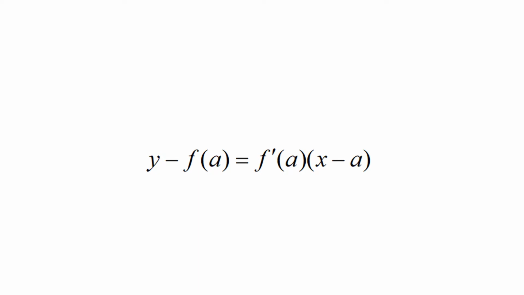Since the graph of y equal to f inverse of x is the reflection of the graph of y equal to f of x about the line y equal to x, the tangent line to y equal to f inverse of x at the point (f(a), a) is the reflection about the line y equal to x of the tangent line to y equal to f of x at the point (a, f(a)).